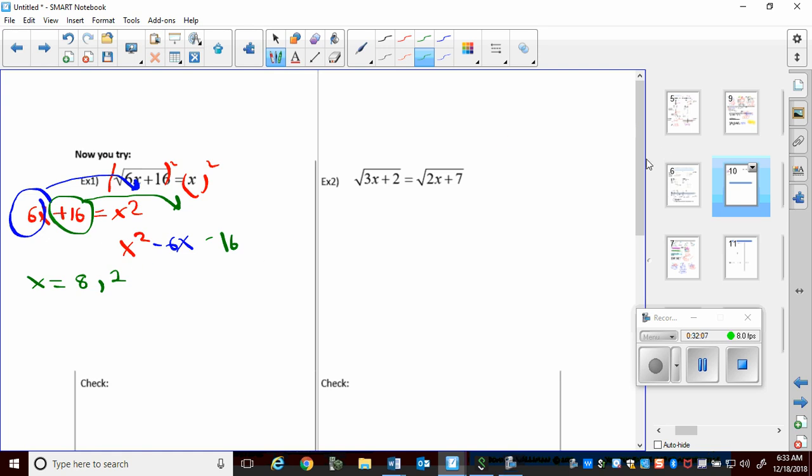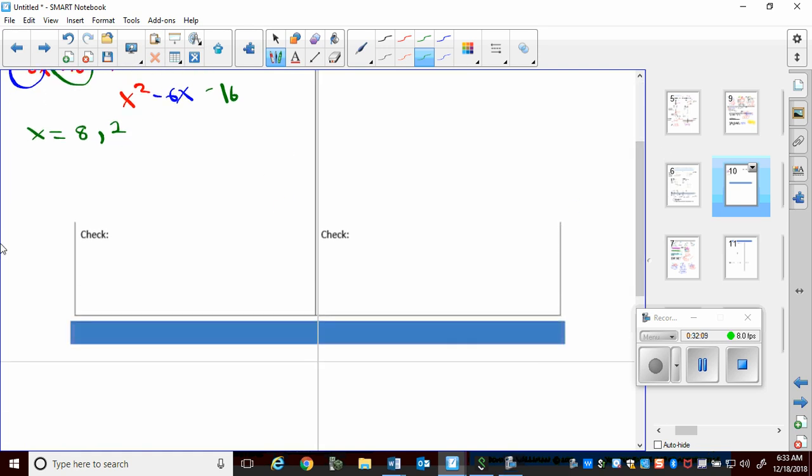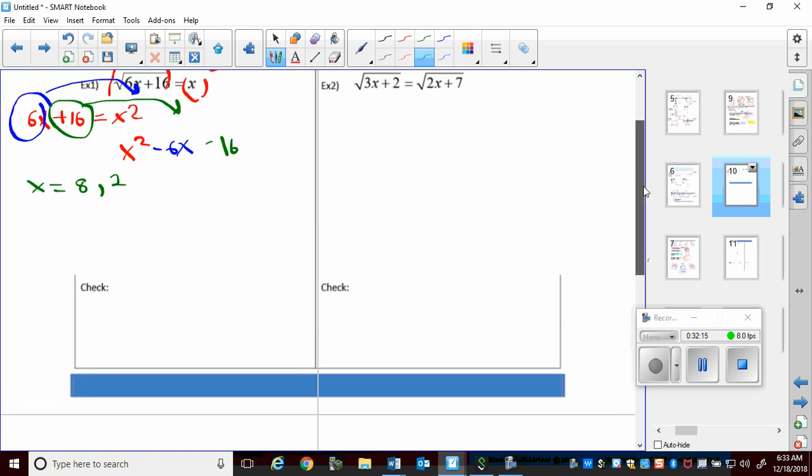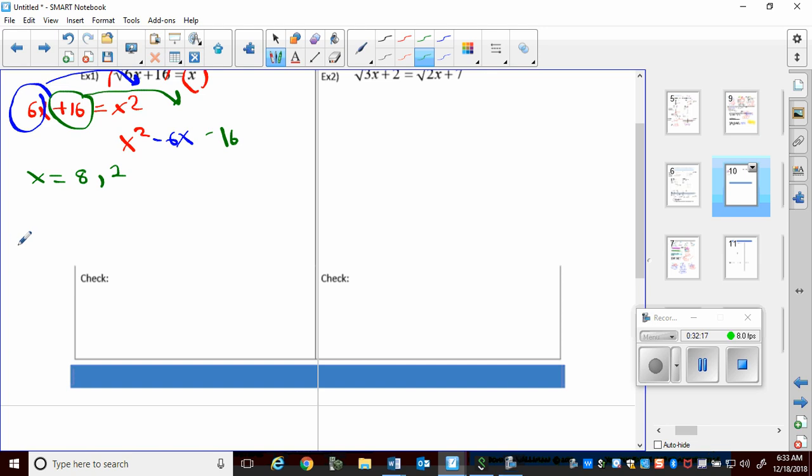I want to make sure that both answers are valid. So I'm going to rewrite my function here, 6x plus 16. So the square root of 6 times 8 plus 16 equals 8.